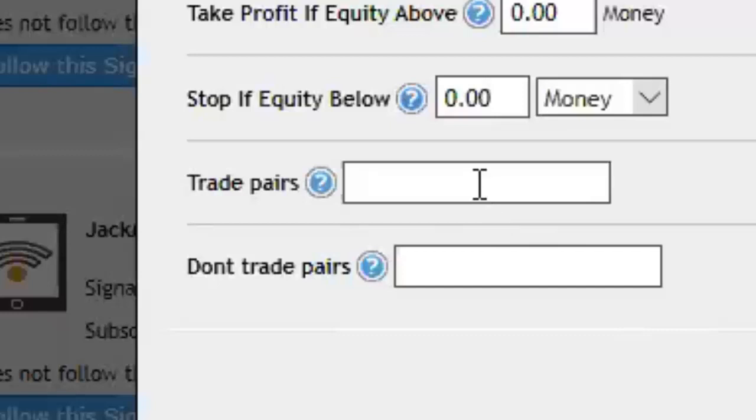You can put in XAU USD here. Now, if this signal provider seems to have a higher probability of losing on the euro dollar, you can also put it here. So you will not copy certain specific pairs, or you will only trade certain specific pairs only.